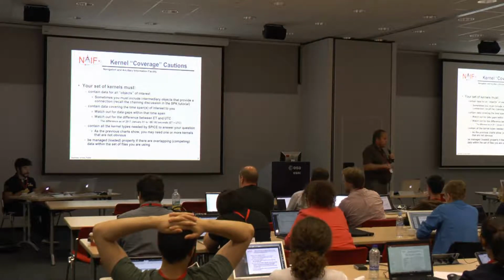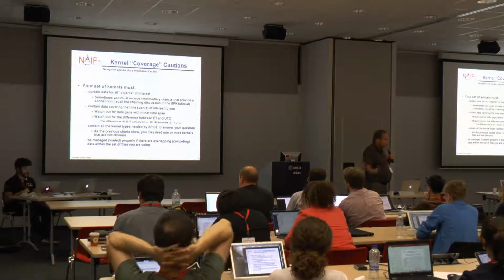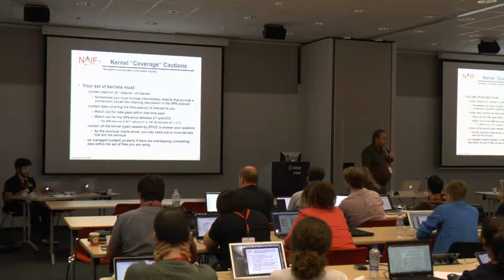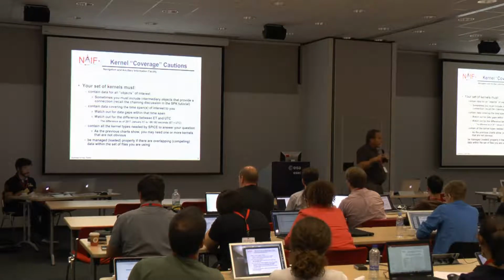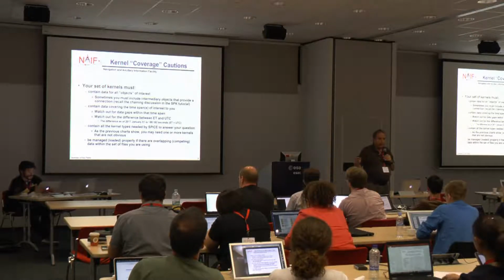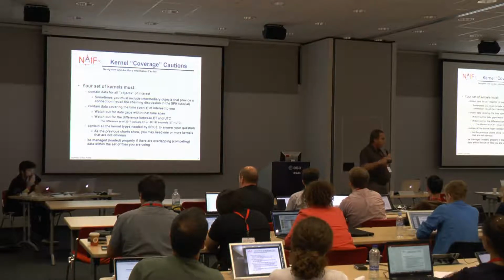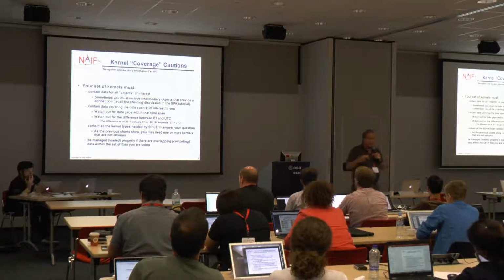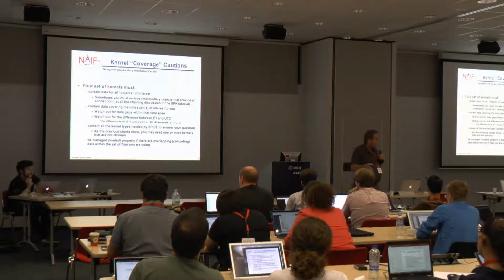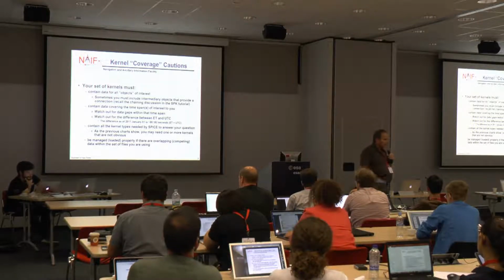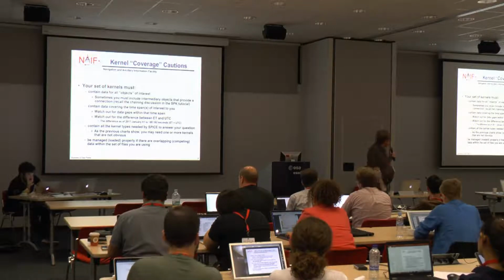Sometimes you need some intermediary objects to complete a loop, to chain data together. Make sure the kernels have the time span coverage that you need, and in doing that, especially with SPK files, don't forget the difference between TDB, or ephemeris time, and UTC time. The difference being a little over a minute right now.